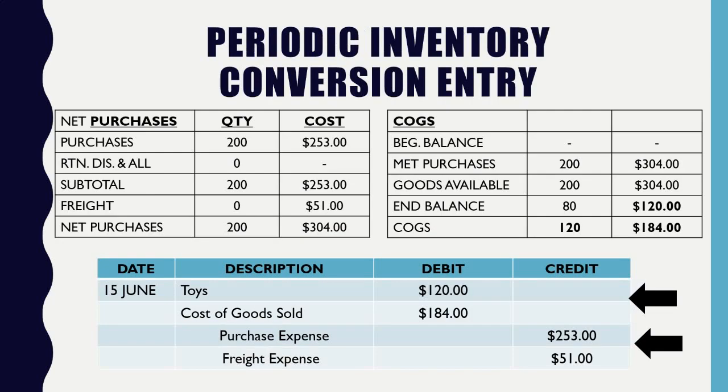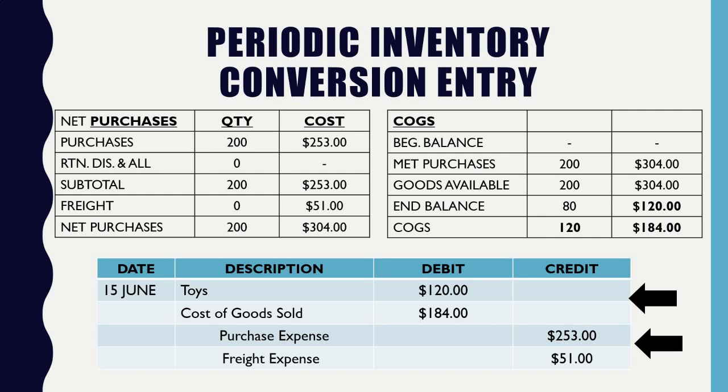By doing the inventory worksheet, we already solved for the answers for filling out your journal. Our ending inventory was 120, and our cost of goods sold was the 184, which we solved for.